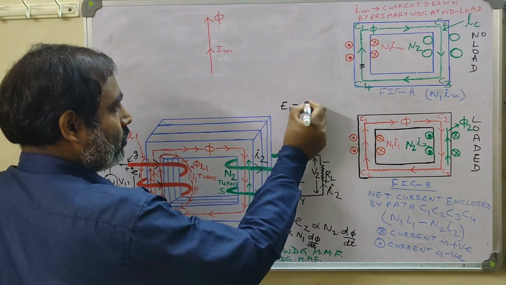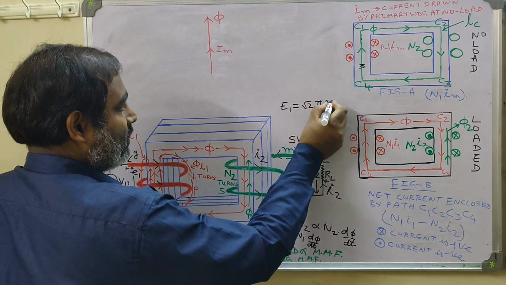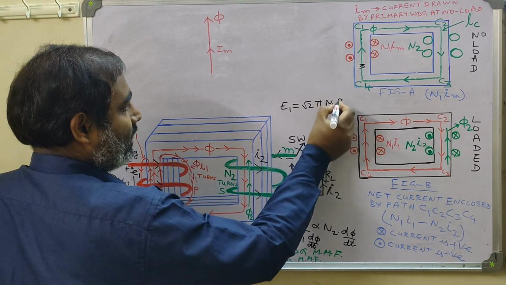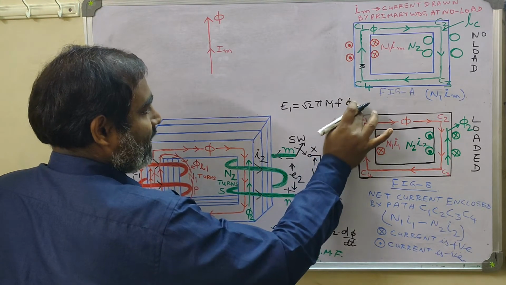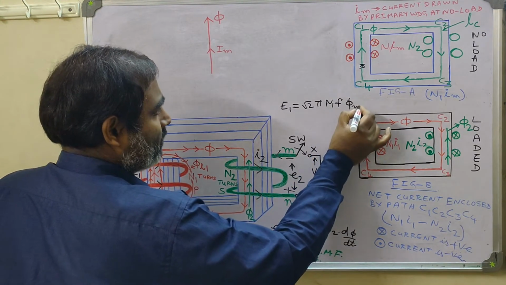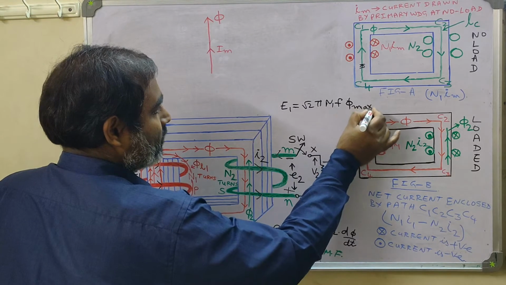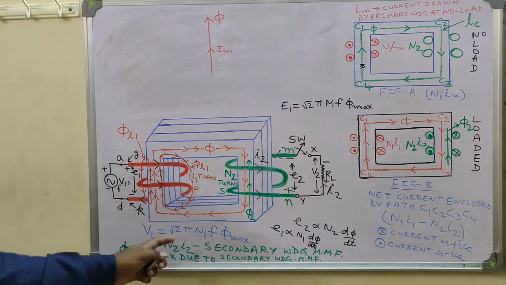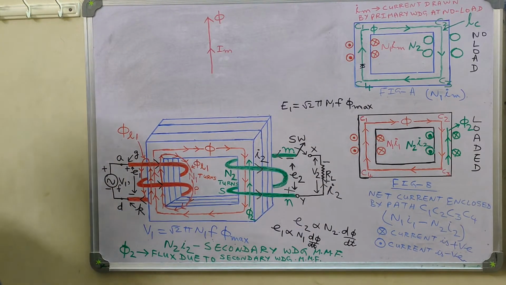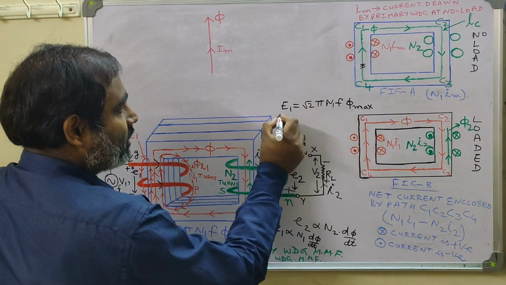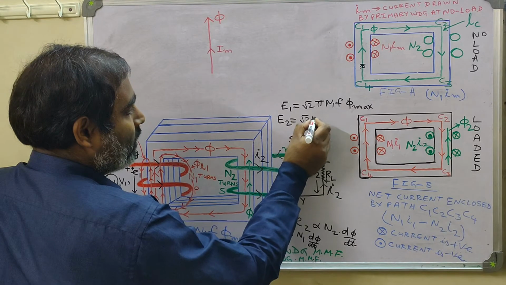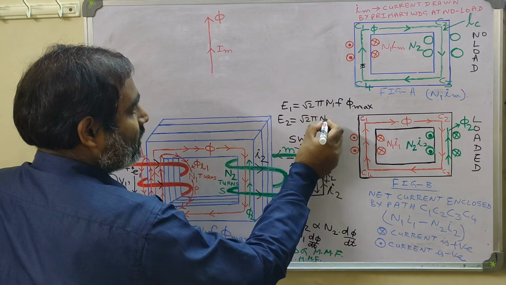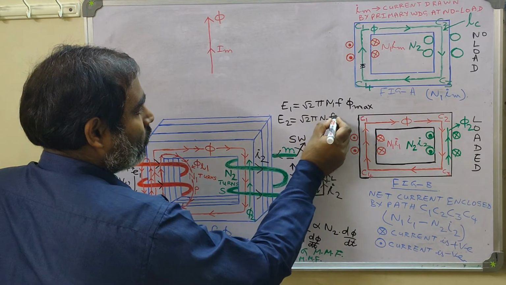It is root 2 pi N1 F phi max, where phi max is the maximum or peak value of the mutual flux in the transformer magnetic core. What about E2? The E2 expression will be similar, except that instead of N1 it will be N2 into phi max.